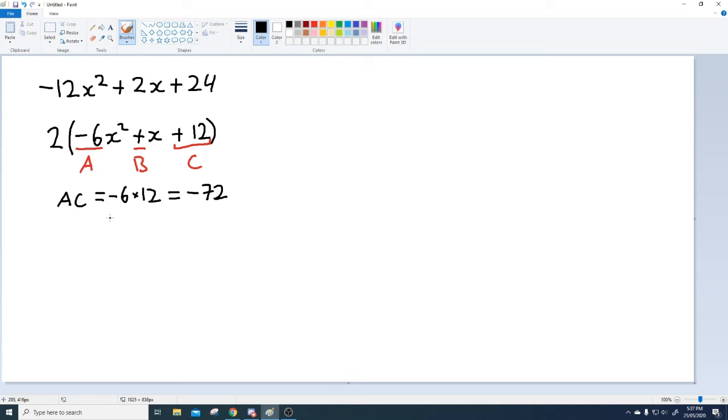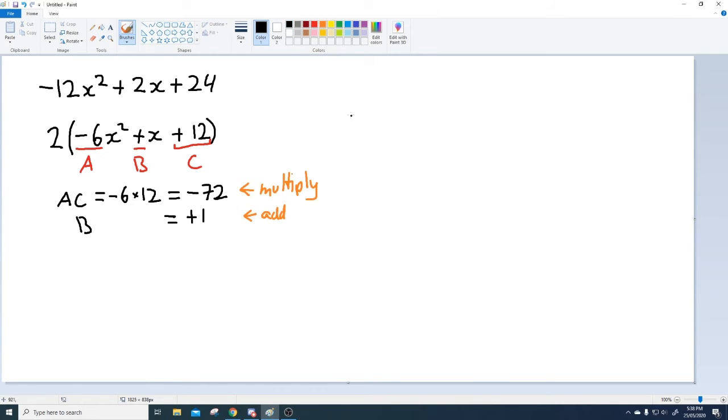And I'm also just going to write down our b. Let's put it underneath, which is positive 1. So what I need are two numbers which multiply to give you negative 72 and add together to give you positive 1.